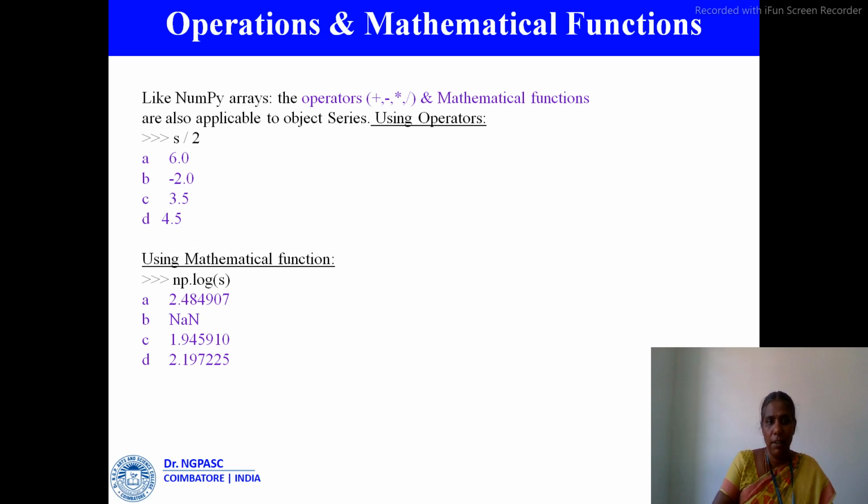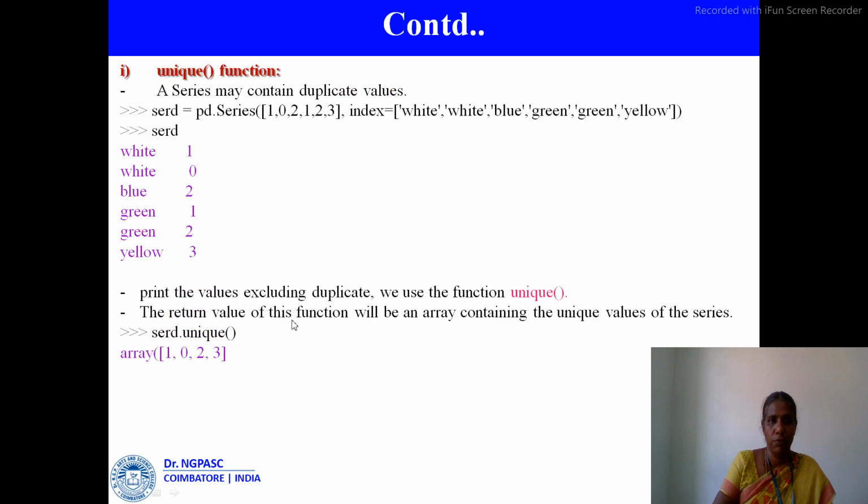In the output series, NaN, not a number, will be displayed because we do not compute logarithmic values for negative numbers. In the series I have a negative value in the first position, so it will not compute. Instead of printing an output, it will give a not a number value.